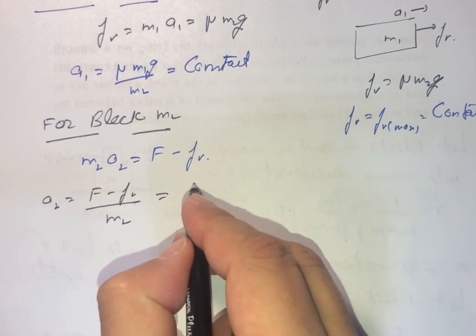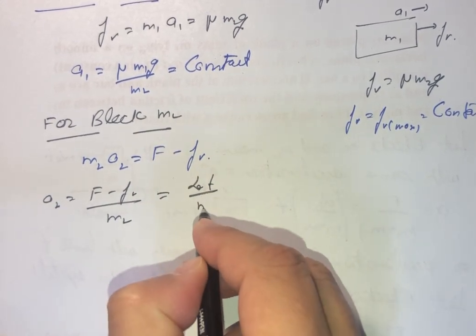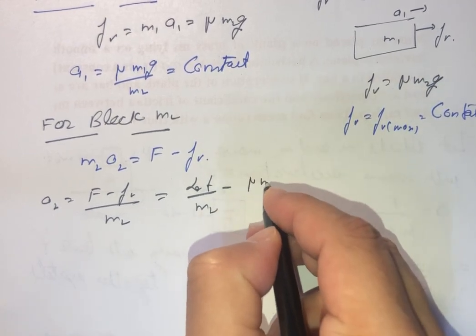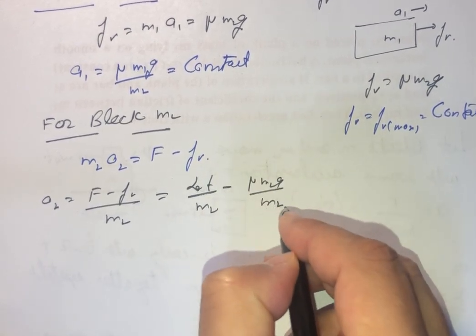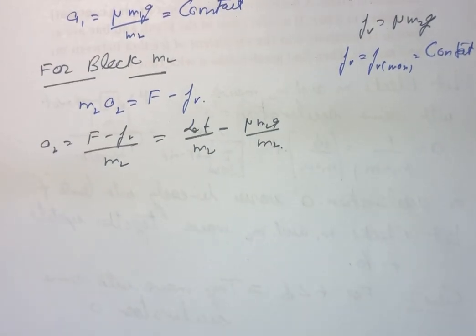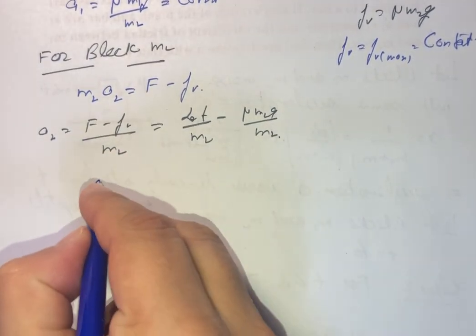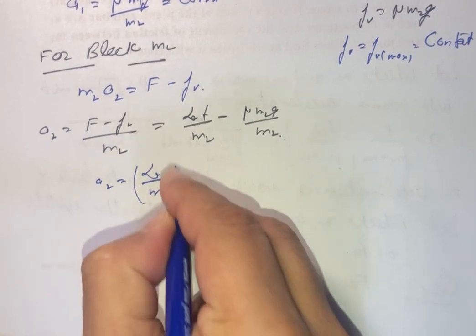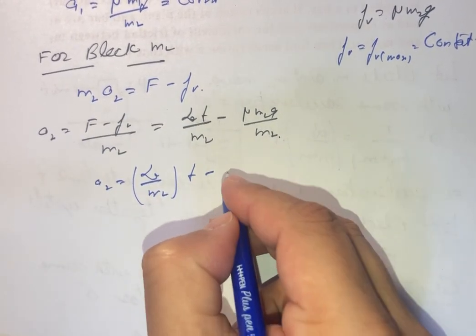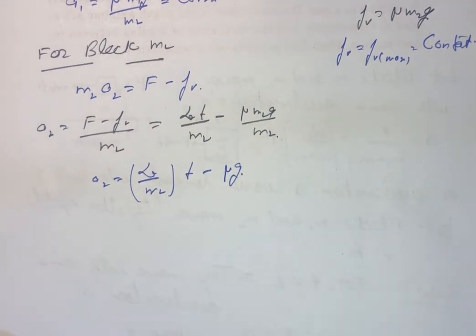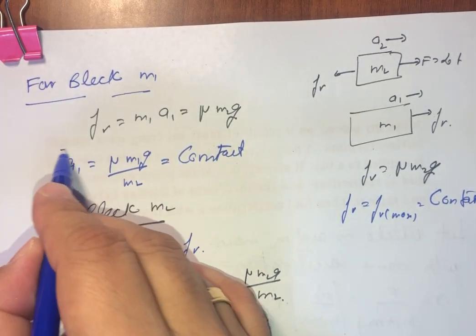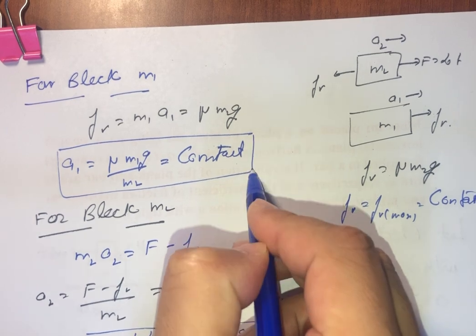The value of F is alpha naught t divided by m2, minus Fr, which is mu m2 g divided by m2. Finally we get a2 is equal to alpha naught divided by m2 times t, minus mu g. Okay. This is our equation for a2, and this is the equation for our a1.